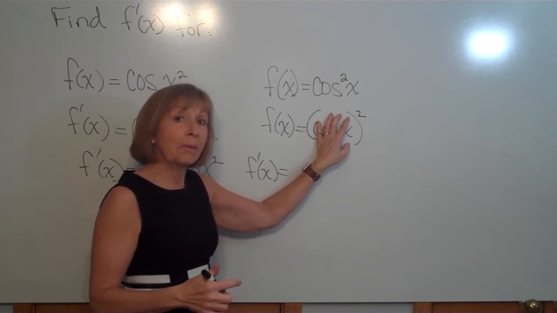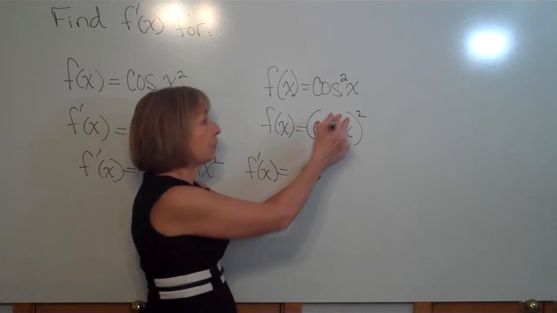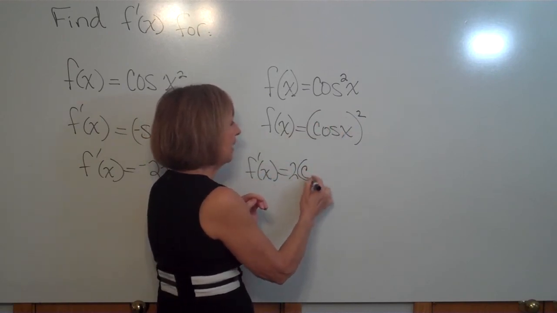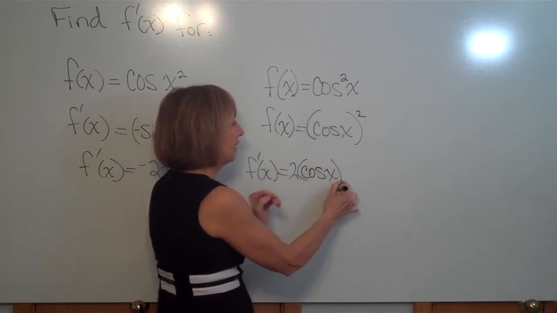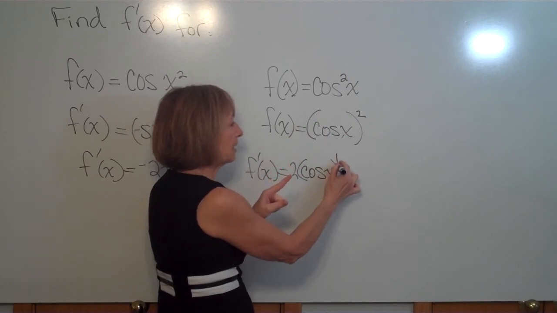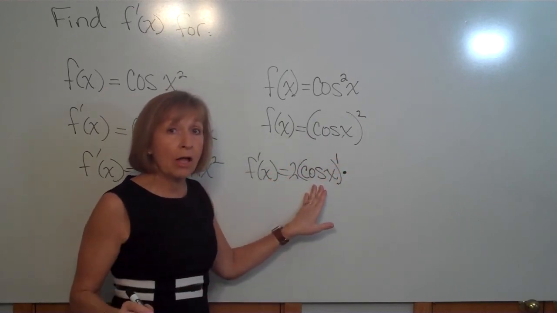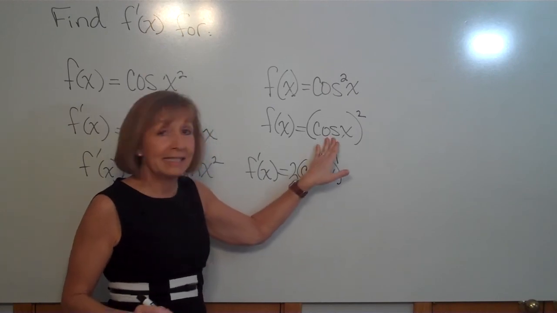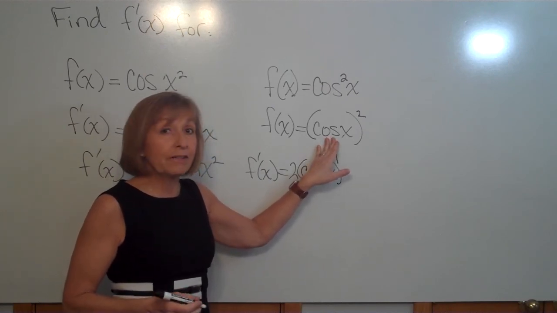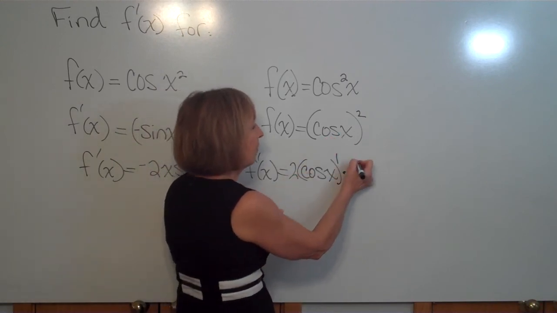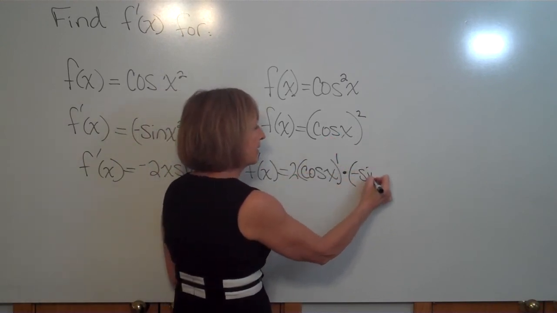So since I have a number power here, I'm going to bring down the exponent, keep the base the way it is, subtract 1 from the exponent, but then because of the chain rule, I need to multiply by the derivative of the inside stuff. And the derivative of cosine x is negative sine x. So I'm going to multiply by negative sine x.